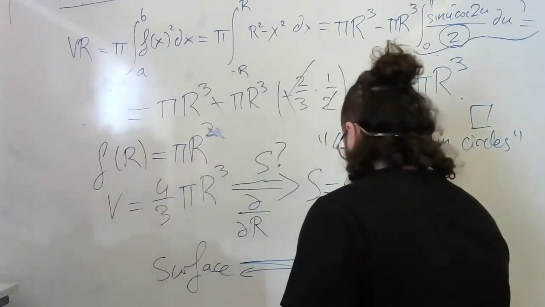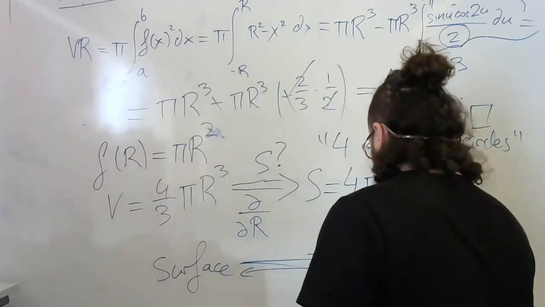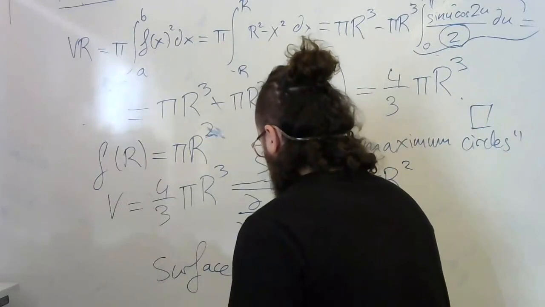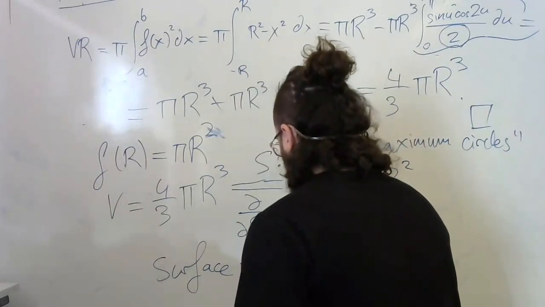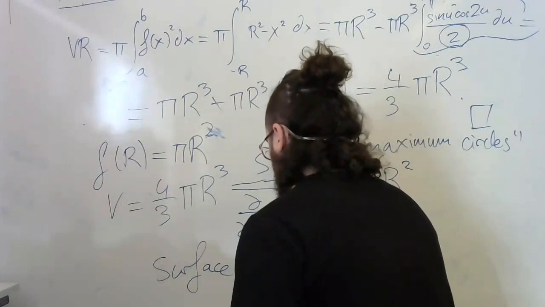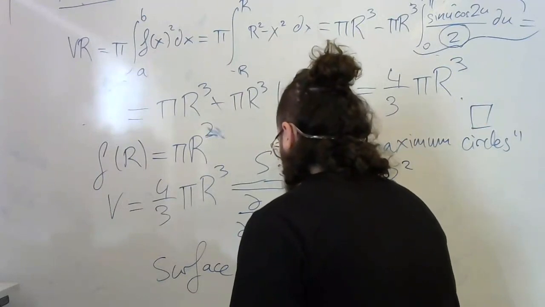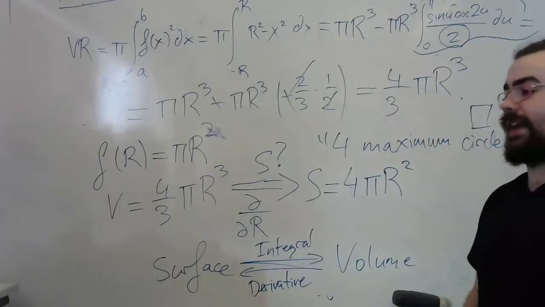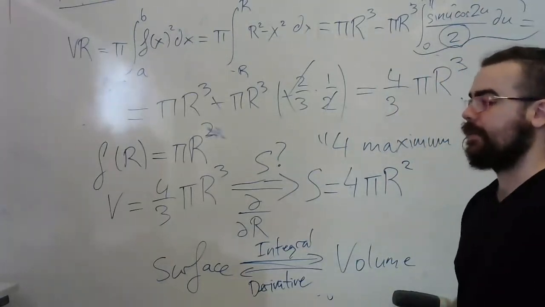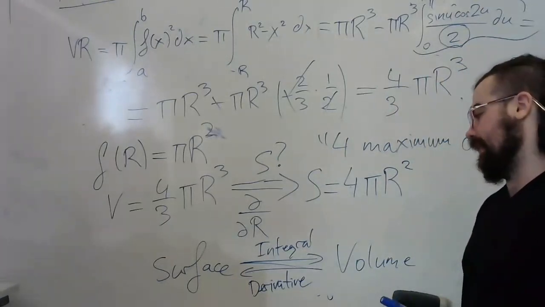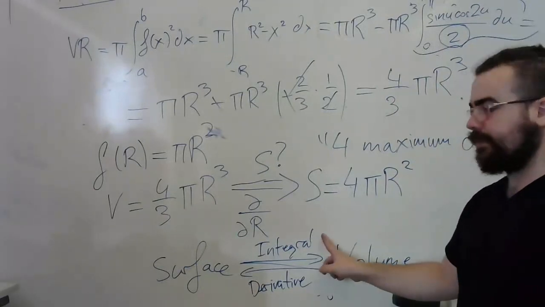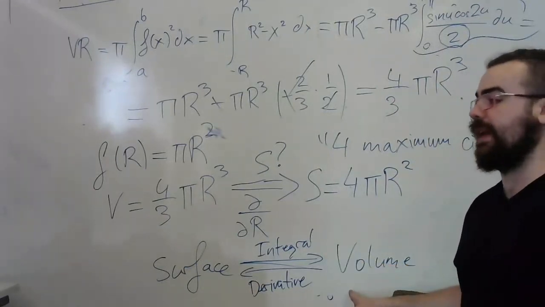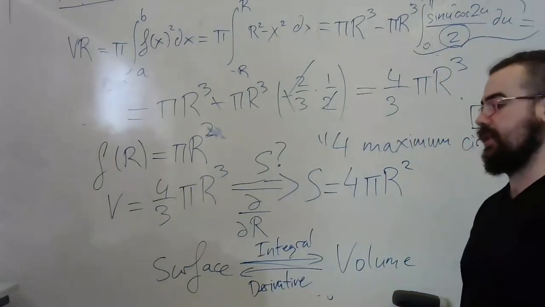I'm going to write this down. The integral of a body in n dimensions belongs to a space with n+1 dimensions.